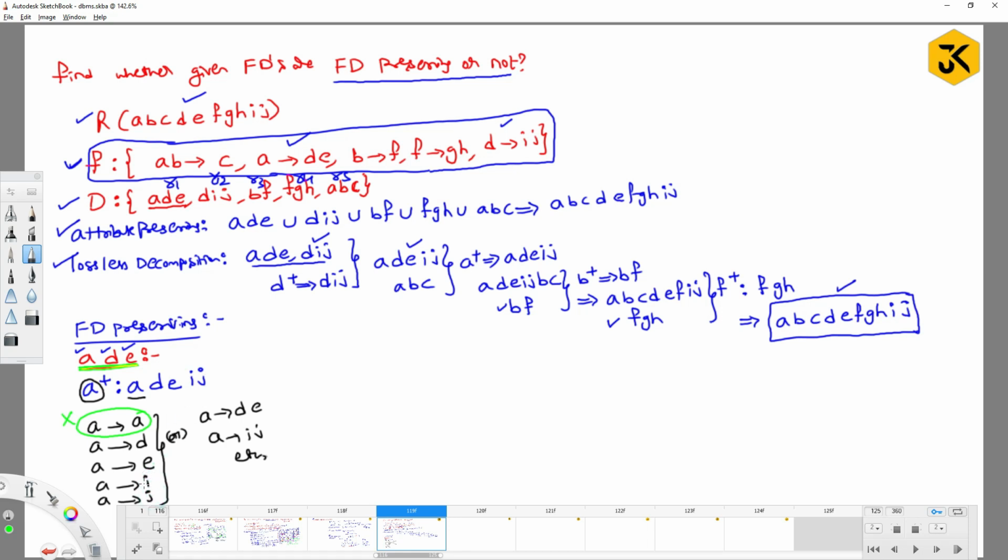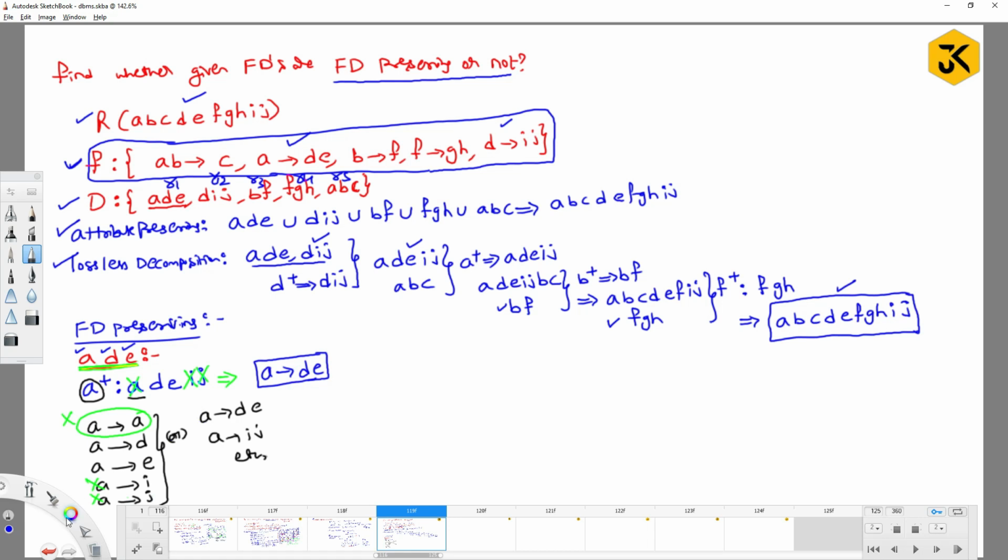We should not, right? Because A cannot determine I, as I is not present in this relation. We cannot determine J, as J is not present in this relation. So I can eliminate these two as well as this one. So the set of functional dependencies possible for A is: A can determine DE, guys.